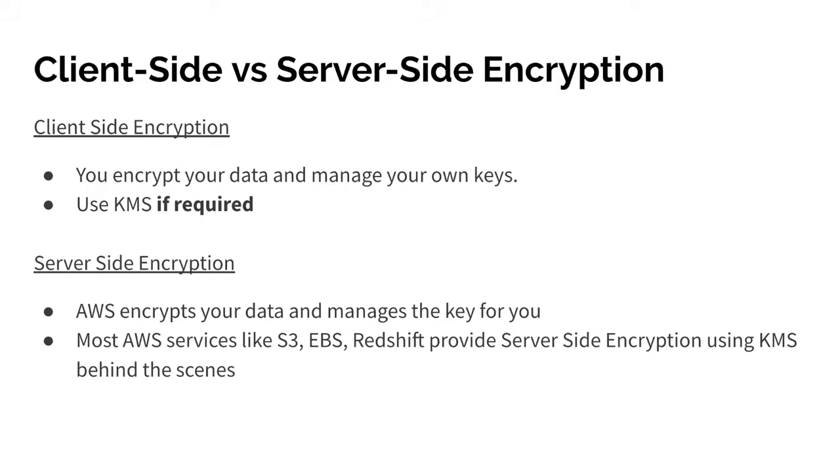And also you can use KMS as a key management infrastructure. If you don't want to use KMS, you can manage it by yourself as well. In server-side encryption, you let AWS to manage your keys for you. Most AWS services like S3, EBS, Redshift provide server-side encryption, and they also use KMS behind the scenes. So the point that I want to highlight in this slide is that KMS used in both server-side encryption as well as in client-side encryption.